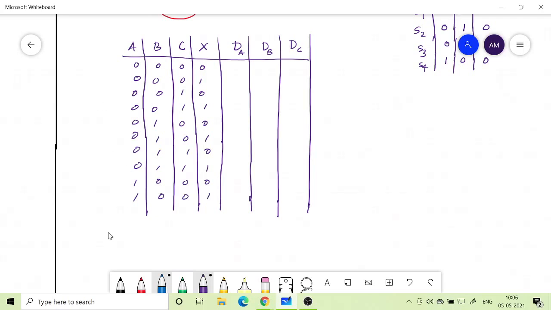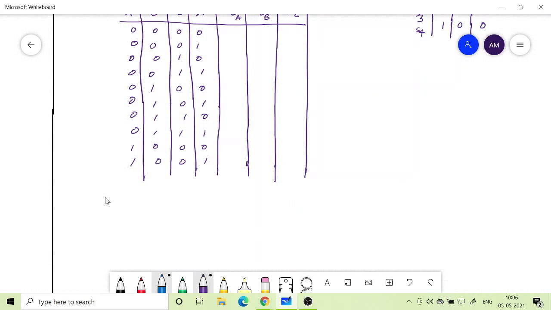All the 8 combinations I have to list. Then 1 0 1 0, 1 0 1 1, 1 1 0 0, 1 1 0 1, 1 1 1 0, 1 1 1 1.